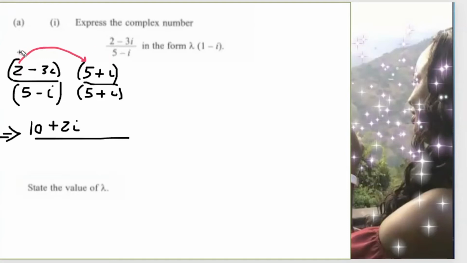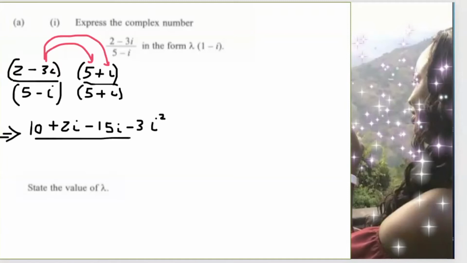Then minus 3i will be multiplied by the bracket 5 plus i. So minus 3i times 5 is minus 15i. Then we have minus 3i times i, and that will give us minus 3i squared.